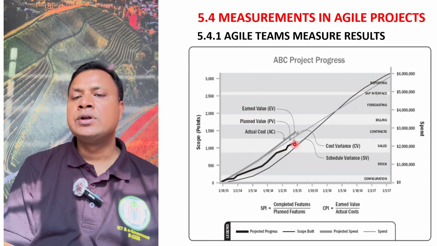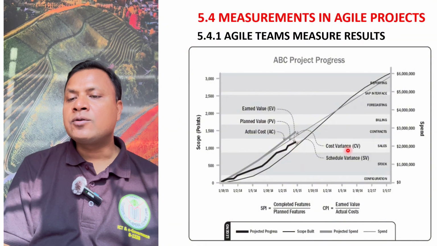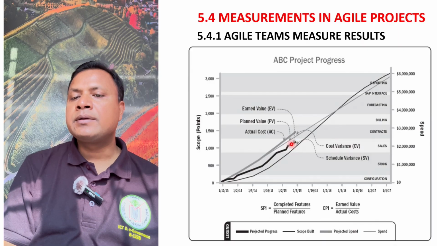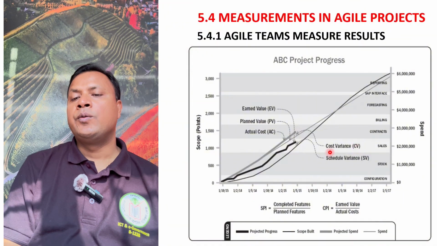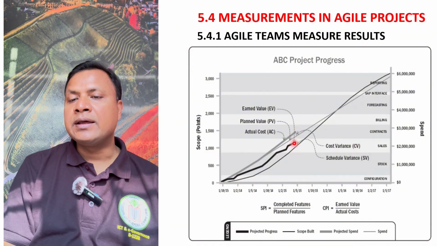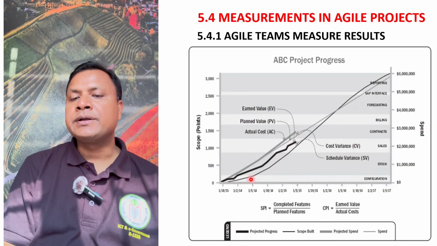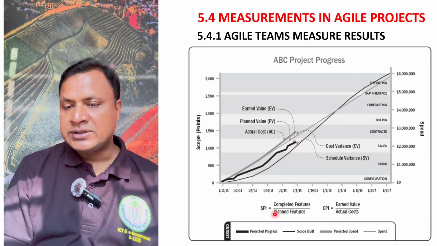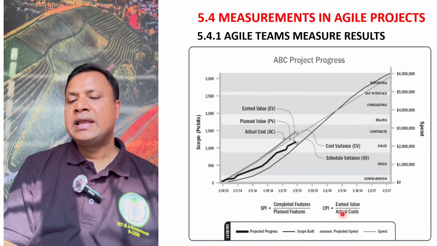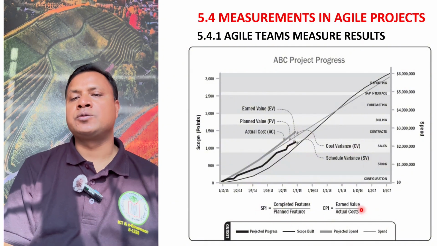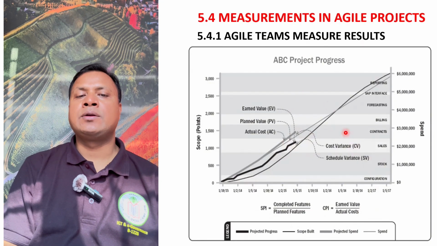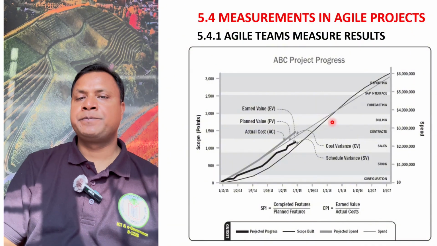So you see the cost variance, because we have earned this but planned here. This gap is called cost variance. On the other hand, schedule should be there, but actually we are here. This part is called schedule variance. SPI is completed features divided by planned features, and CPI is earned value divided by actual cost. So from this sort of figure, you can understand where the project position is.